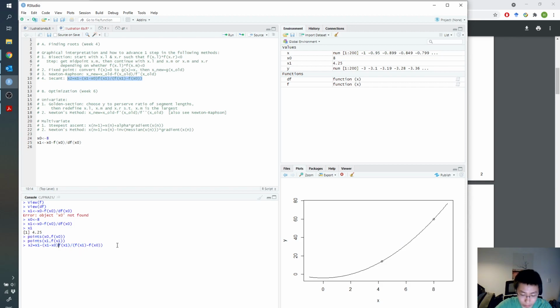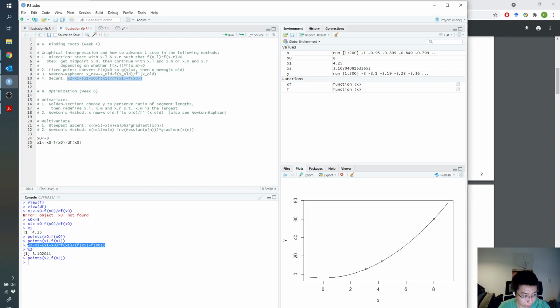And then here I'm literally just copying this function here. And then it should give me another x2. So apparently it's x2, f of x2. If I started with these 2 points, then the secant method would give me this next point.